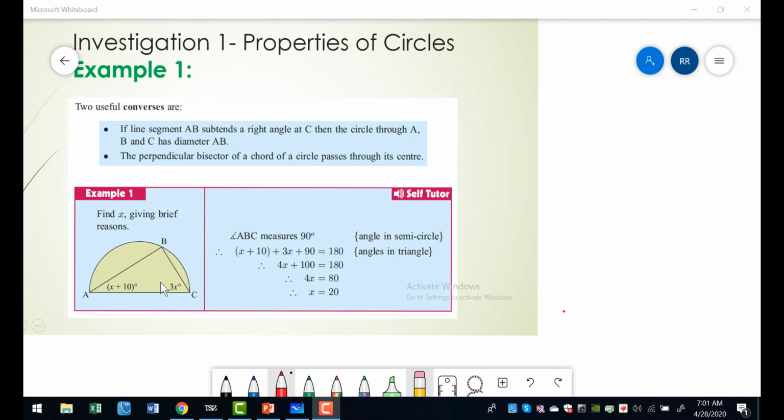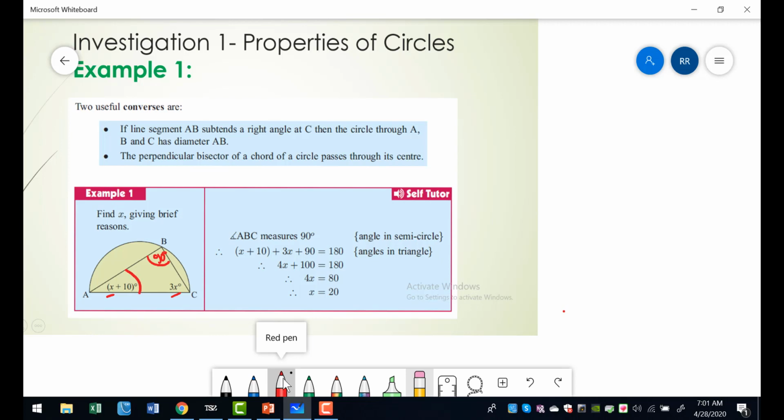So let's have the first example. Here, find x, giving a brief reason. As we see, the x here and here are related to the angles of this triangle. As we know from the first theorem, the angle here will always be 90 degrees.